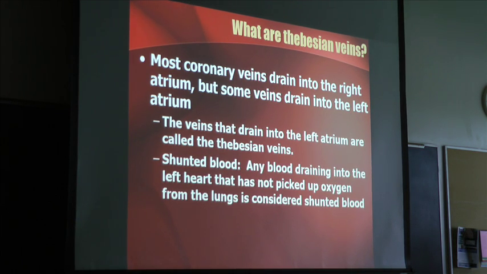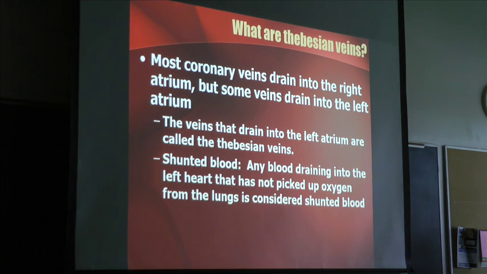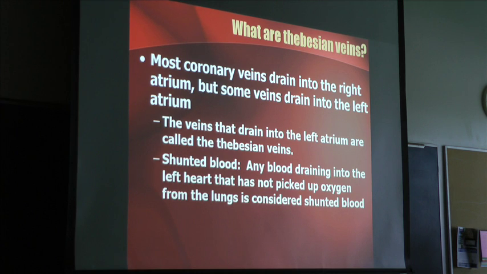So having these veins dump deoxygenated blood into the left atrium kind of goes against what we want to achieve, which is oxygenated blood. So that's abnormal. Well, wait, I need to tell you one more sentence.